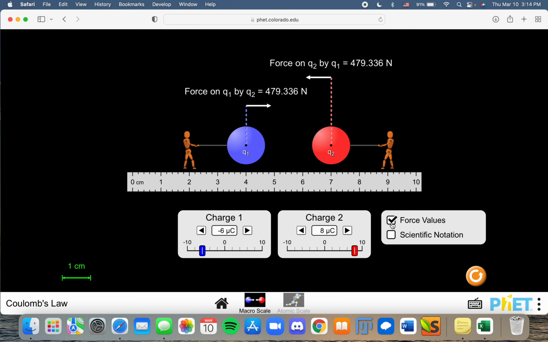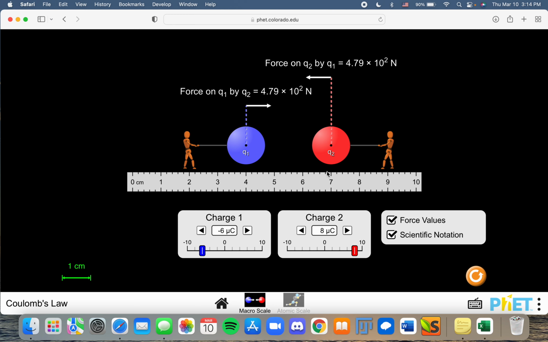And I am also going to check on the scientific notation so that we can perform this lab like a scientist. First off, we can see that both of these atoms are oppositely charged. So we know that there is a force of attraction rather than repulsion because unlike charges attract each other.